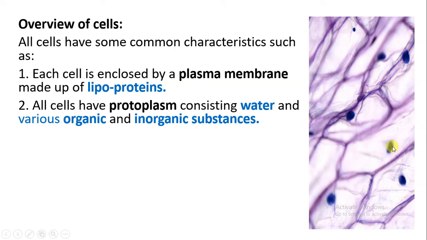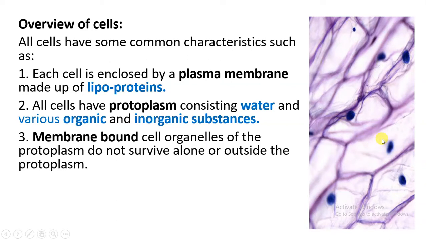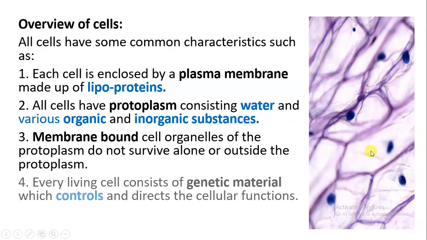These all are present inside the cell. The protoplasm consists of water, and organic and inorganic substances. Even all the membrane bound cell organelles are also present in the protoplasm. They are not allowed to survive alone, they are always present inside the cell. That is why they are able to survive.